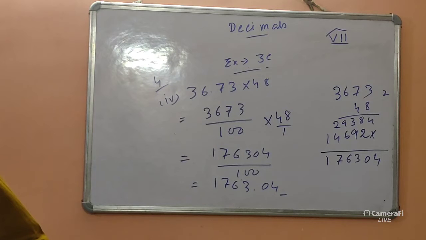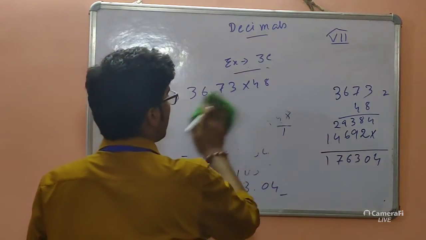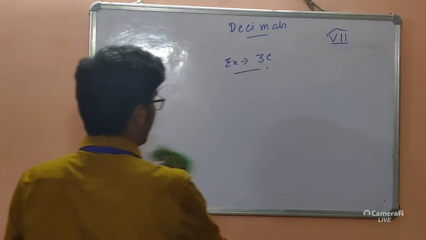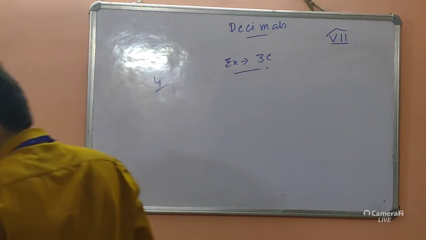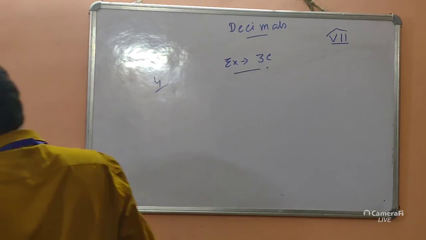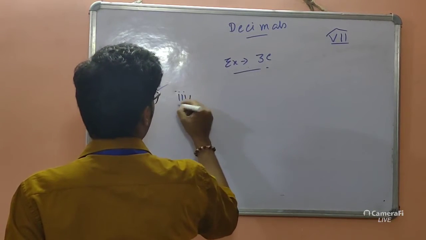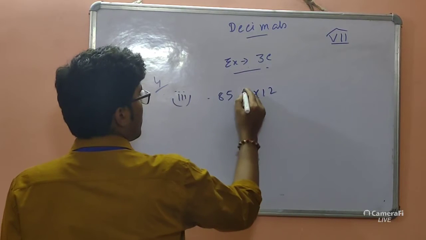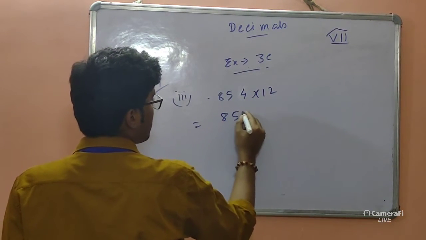Let us do one more. Same way we will do. Suppose question number 3 we are doing, 854 into 12. Okay, this is question number 3. So again convert it into a fraction.